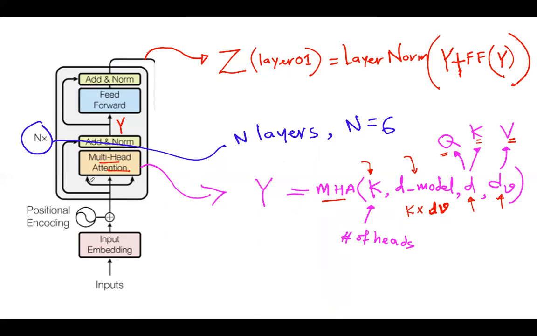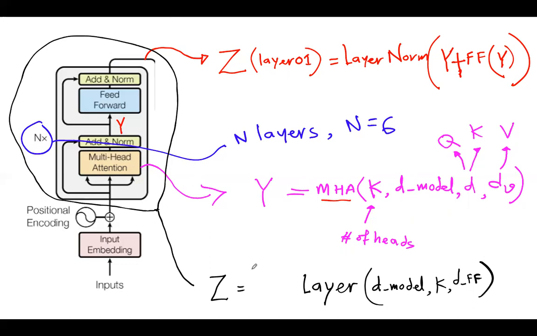Because as you can see, these 3 arrows suggest that you have to deal with the Q, the K, and the V separately, although we are taking a product of Q and K to get the attention information out of that. So this is the multi-head attention model, and that gives us Y.